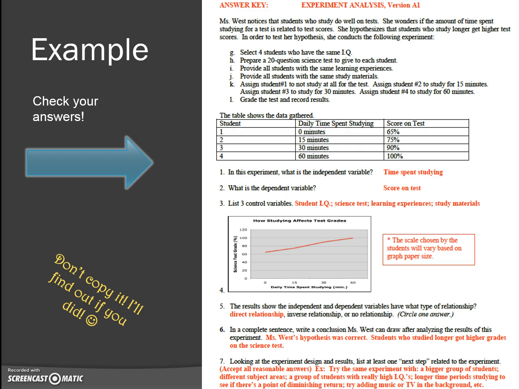Okay, so don't copy this, but I did want to go over this together, so hopefully you can have this correct when you turn it in tomorrow. In this experiment, what is the independent variable? What are we changing in order to get a result? That is actually the time spent studying over here with these students. So right over here is your independent variable, okay?